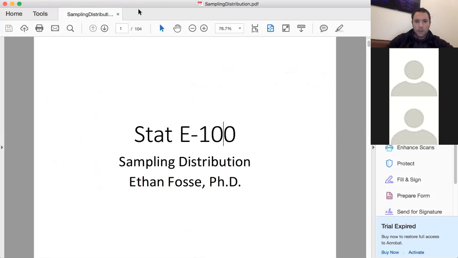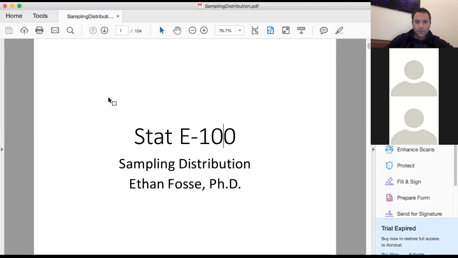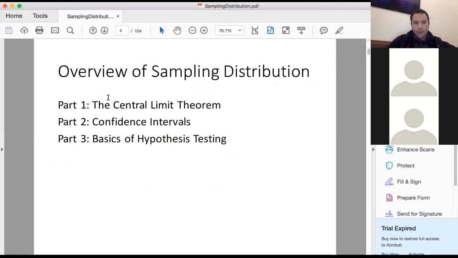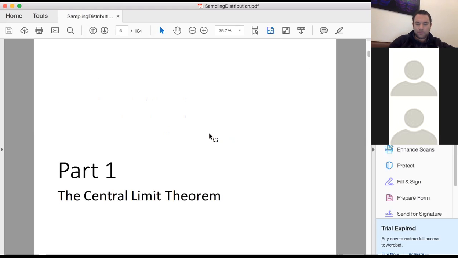So this is the sampling distribution module. And the basics of what this module was on was it built upon the last module of the basics of sampling, and this introduced us to the central limit theorem, to confidence intervals, and to the basics of hypothesis testing.